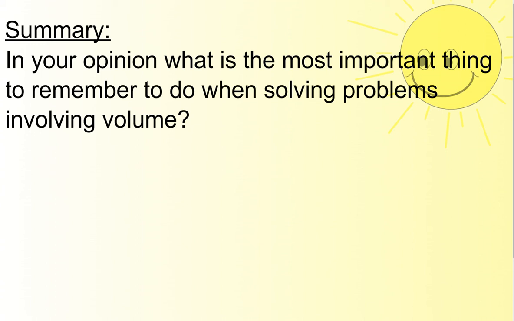All right. So, in my opinion, there are two extremely important things to do. The first of them is write down your formula. Write down your formula in every single problem. The more you write it, the more you see it, the more you hear it, the more you say it, the better you're going to remember it. So talk it out loud as you're writing it, even if you just whisper to yourself.